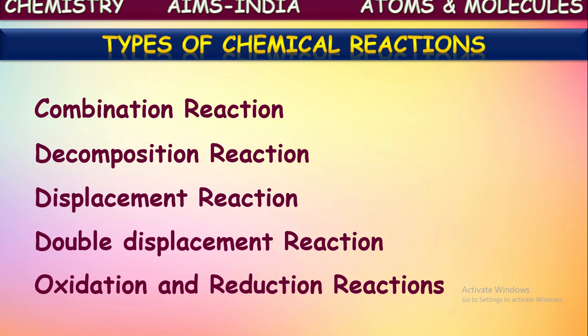So based upon the rearrangements of atoms, breaking of bonds, and reformation of bonds, chemical reactions can be classified into these types. Now let us see these different types of chemical reactions one by one.